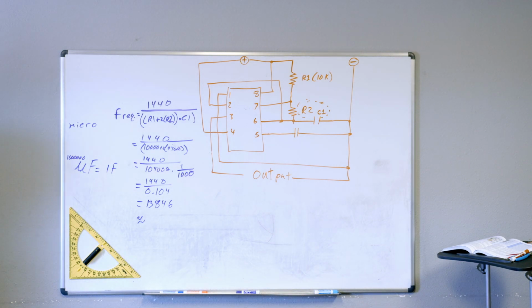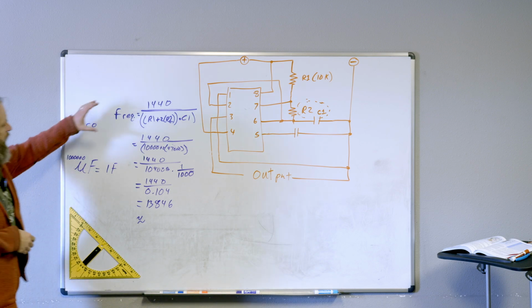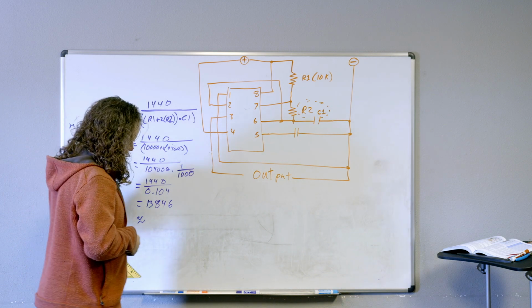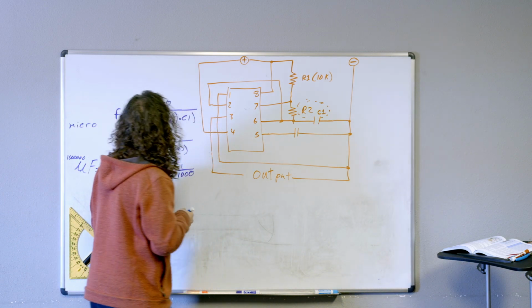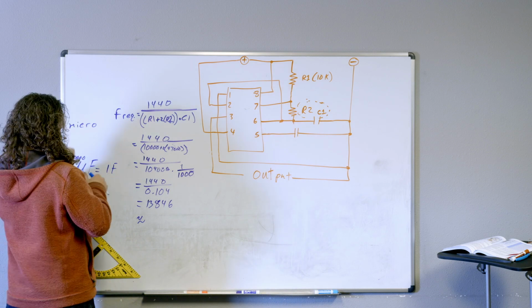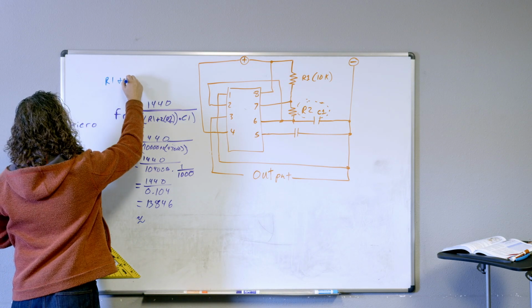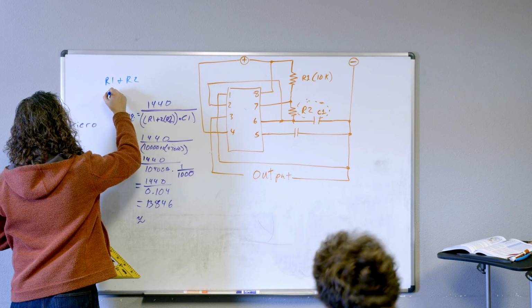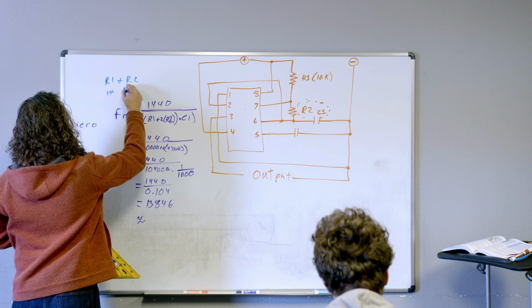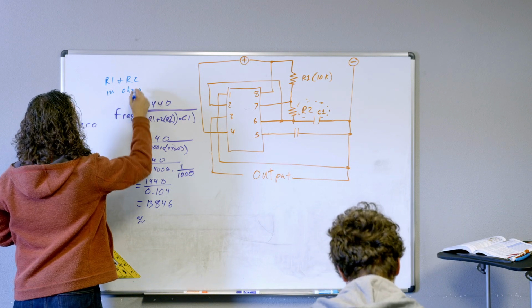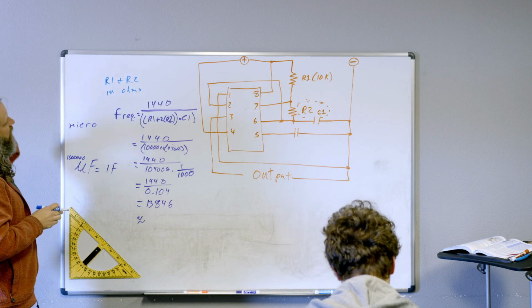Okay, so in your notes you should have this, and let's put what units the things need to be in. R1 and R2 in ohms. And you could actually shift this some.